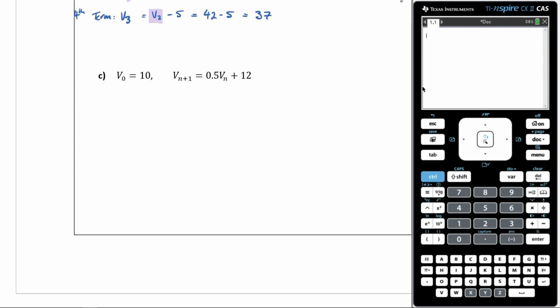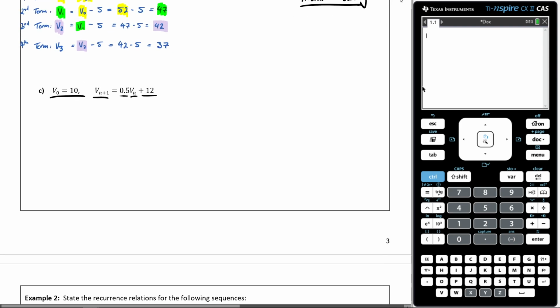All right. Here's C. As you can see, what it says is that we're starting at 10. Our next term is going to be found by this: my current term multiplied by 0.5 plus 12. Isn't this odd? Now, we have to label this. This gets an interesting name.